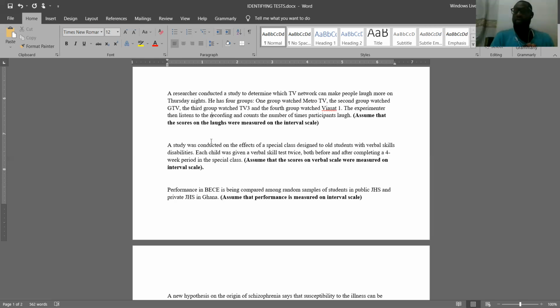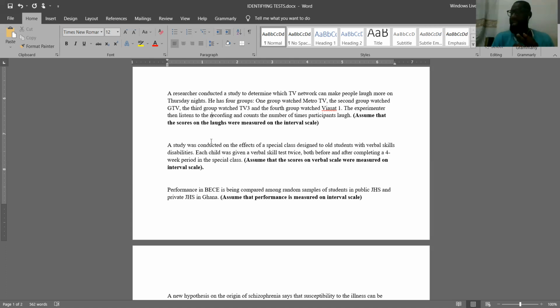Why? Because we are comparing more than 2 groups, and the dependent variable, which is laugh, is on interval. Yet at the same time, the independent variable, which is type of TV network, is only one. So hence, select one-way ANOVA. So per your explanation, you indicate that from the question, we have 4 independent groups.